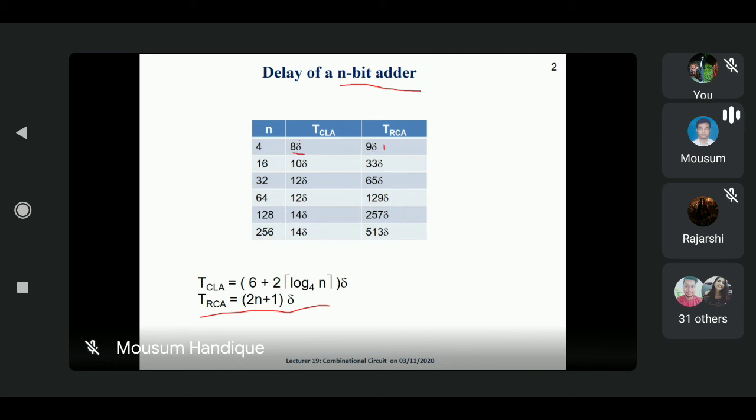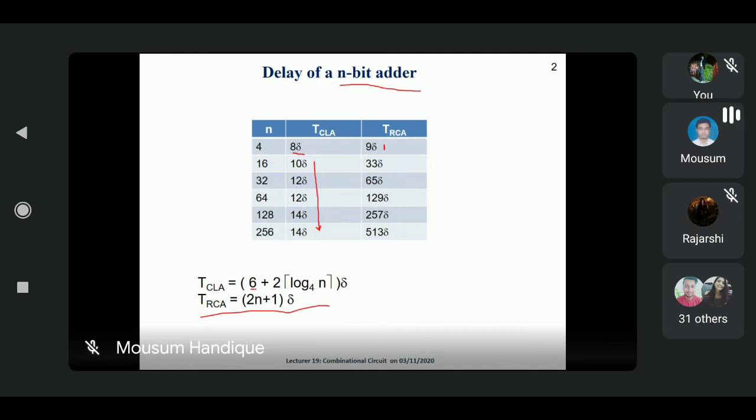Now when we compare, the carry look ahead adder always gives better performance compared to the ripple carry adder. And this is the formula. Why 6? Generally people do not use a 2-bit carry adder, because it is very simple. People start from the 4-bit carry adder.